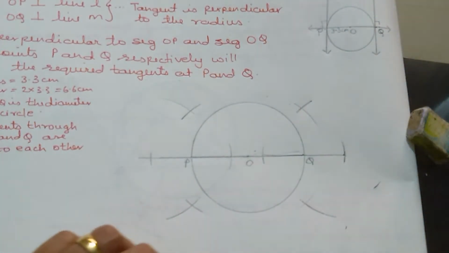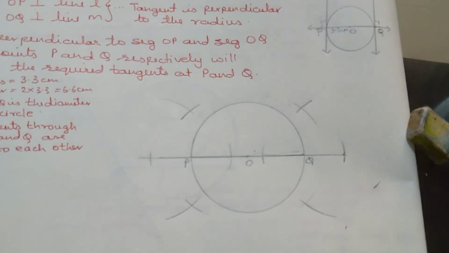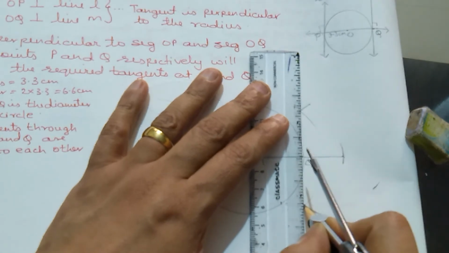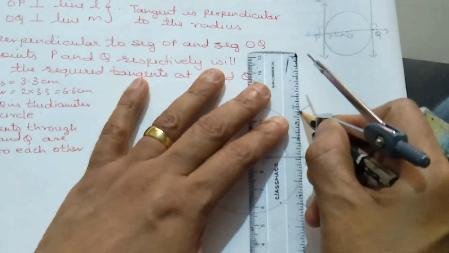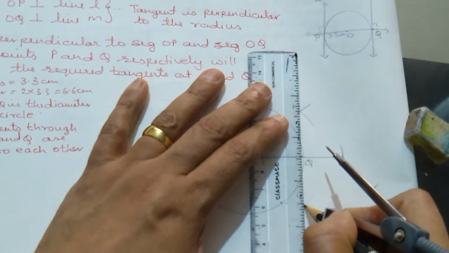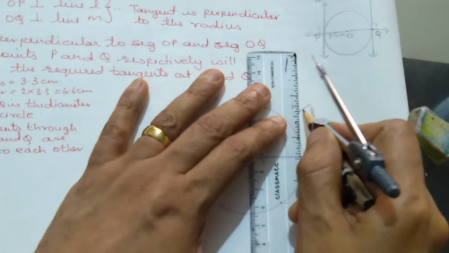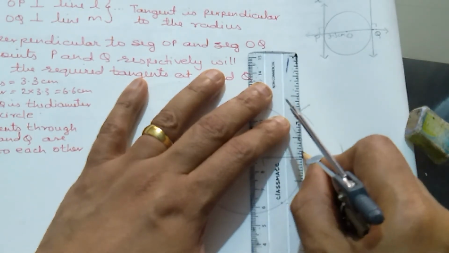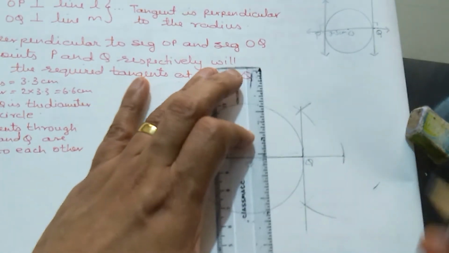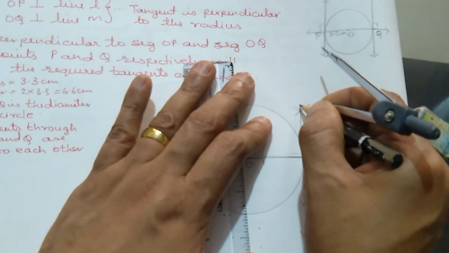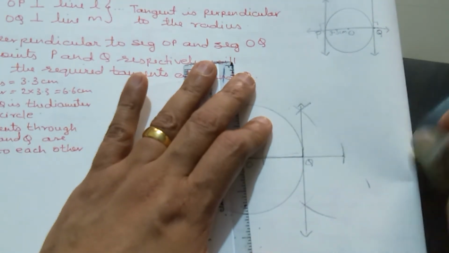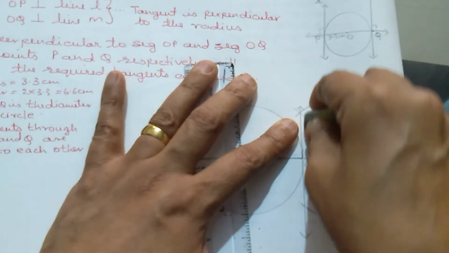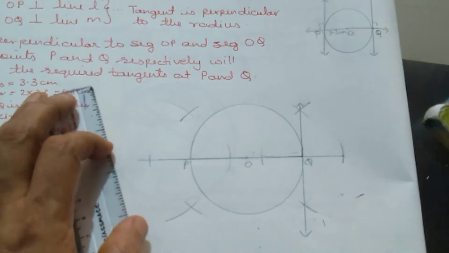Same like the first sum, but you will have to draw two tangents from the endpoints P and Q. An unwanted part of the arcs, you can remove that to make your diagram look neat and tidy. Now connect this.